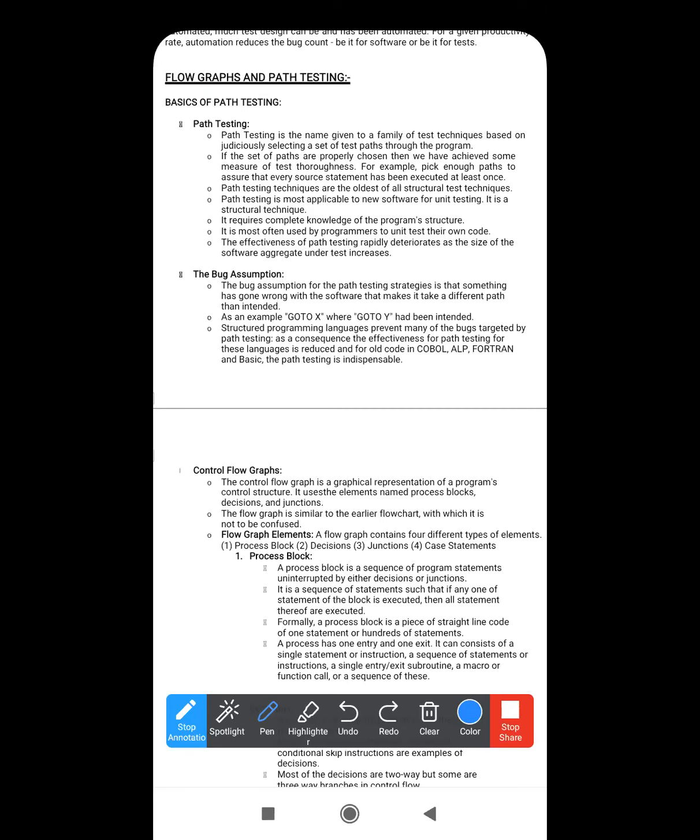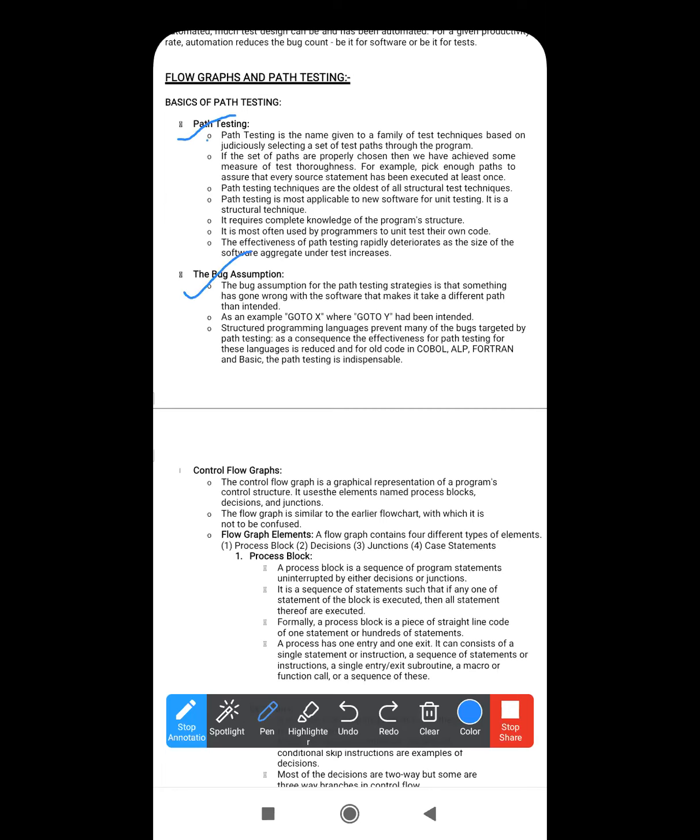Next one, the bug assumptions. This is the first topic which we are discussing under flow graphs and path testing, that is basic concepts of path testing. In these basic concepts of path testing, we have a number of side headings. First one, path testing, the bug assumption.